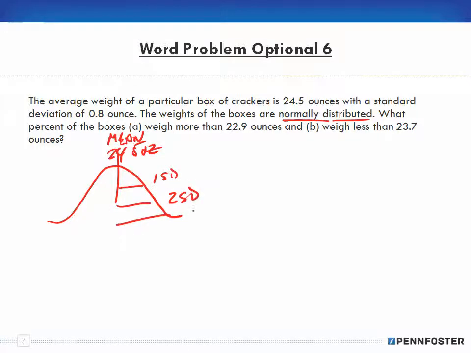You can have 3 standard deviations. But each 0.8 ounces equals 1 standard deviation. So it says the weight of the box is normally distributed. What percentage of the boxes weigh more than 22.9 ounces?